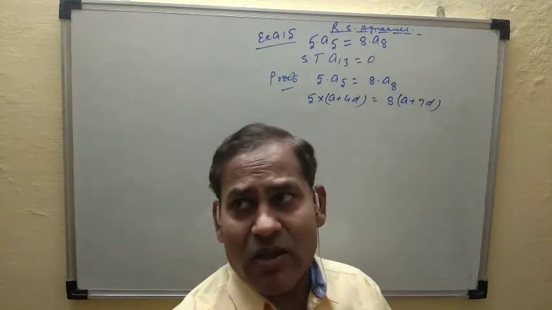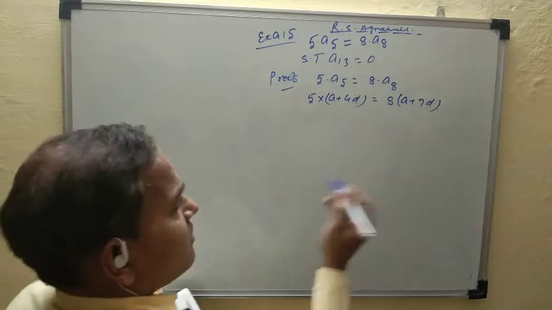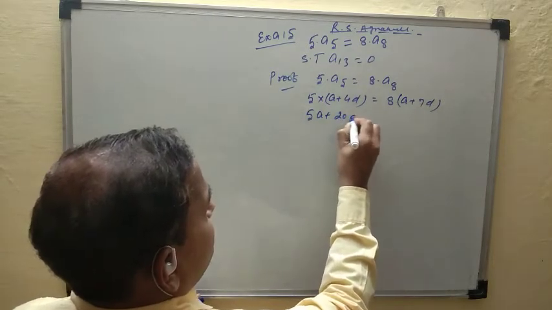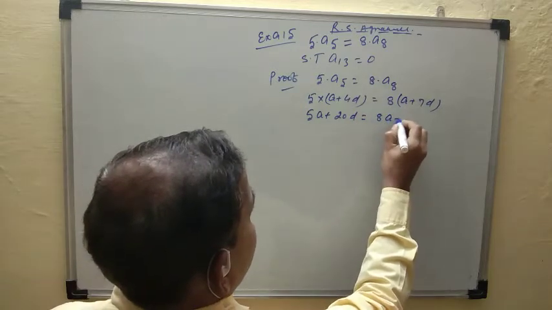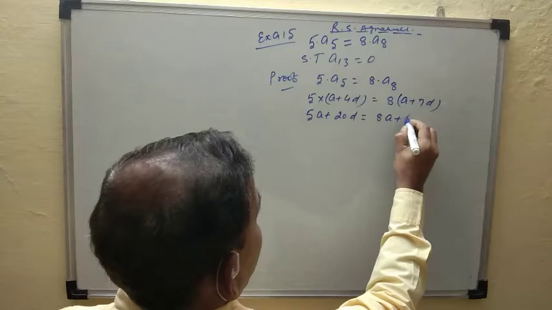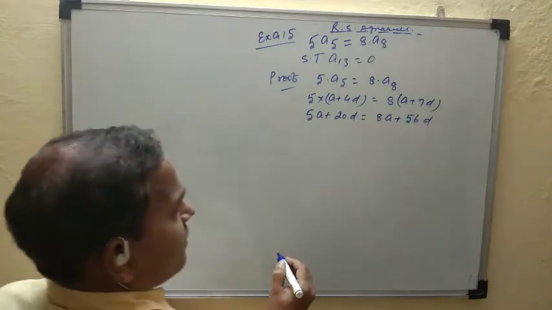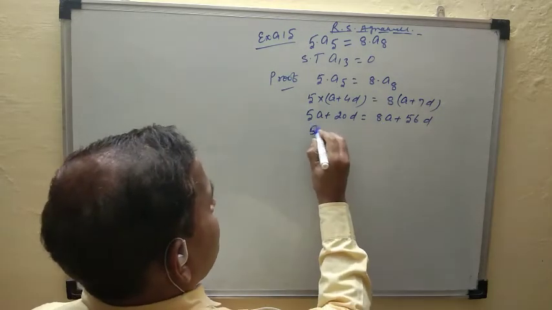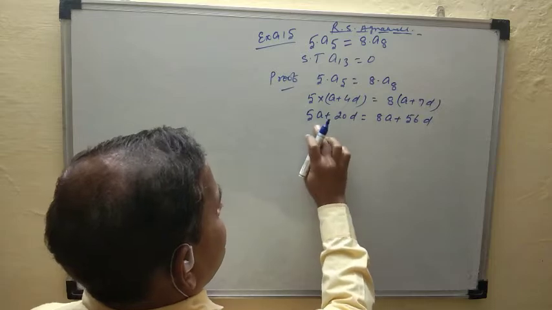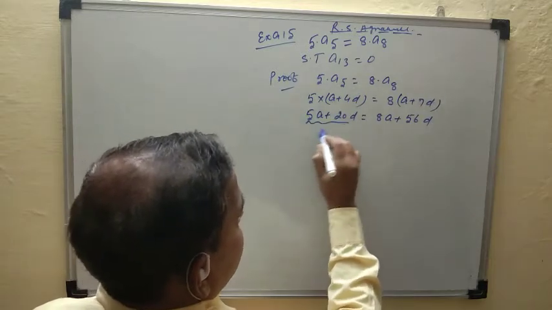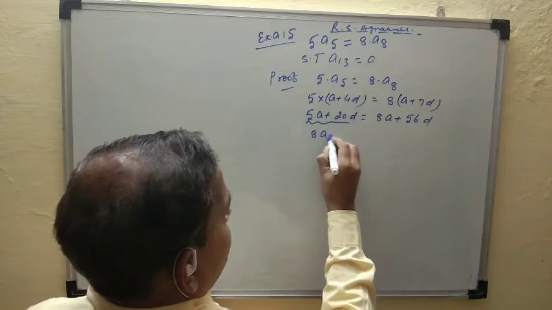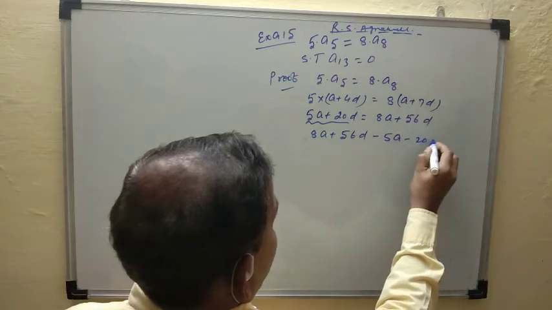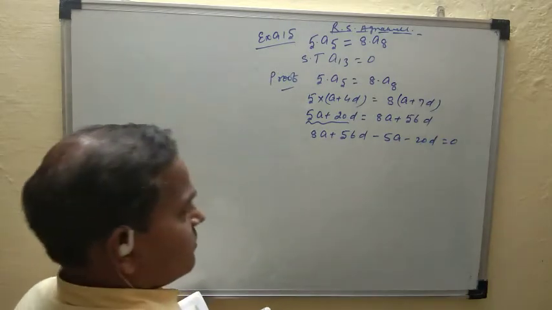Now simplify and find the relation between A and D. So 5A plus 20D is equal to 8A plus 56D. Taking all the terms to the right side: 8A plus 56D minus 5A minus 20D is equal to 0.